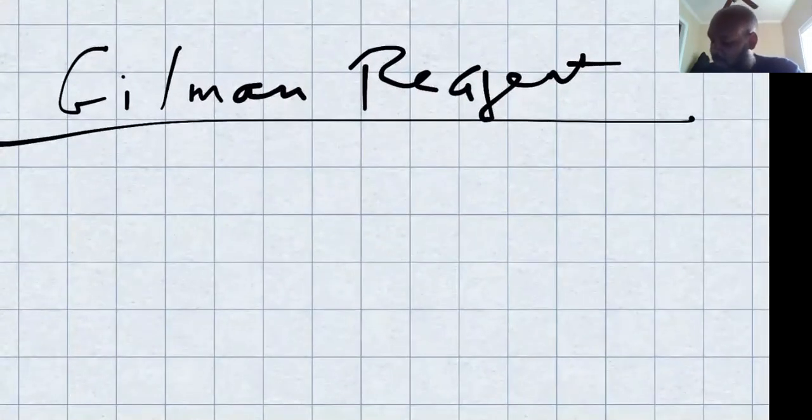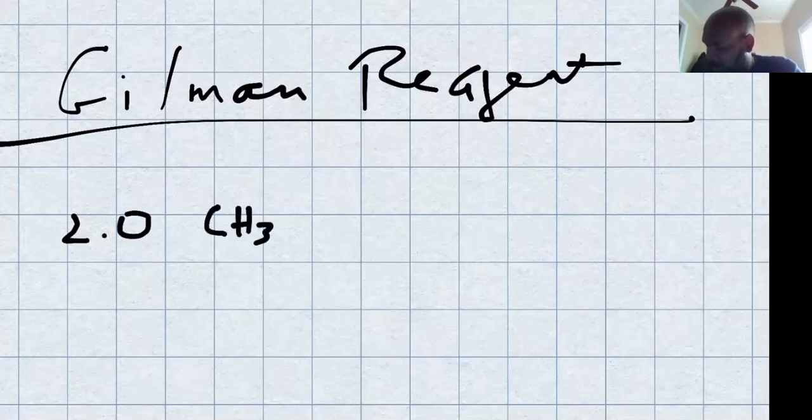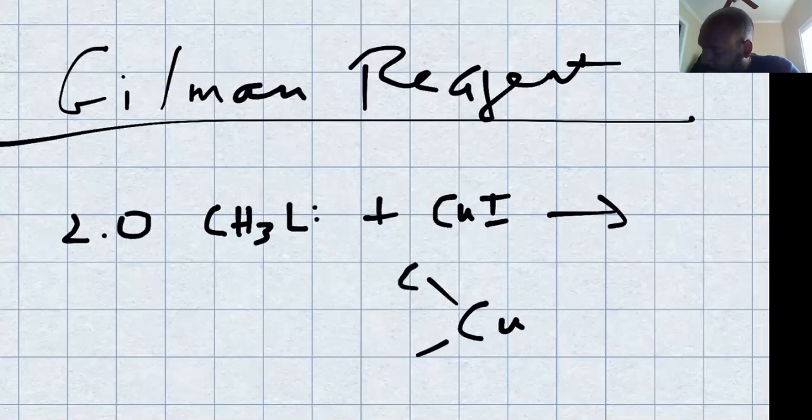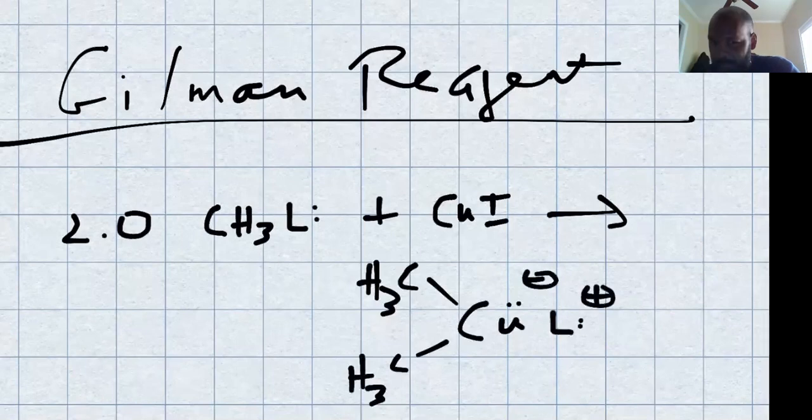The way you make the Gilman reagent, you take two equivalents of an organolithium species, let's say CH3Li, methyl lithium. You react that with copper iodide, and what you get is this copper species where both methyl groups are attached to copper. Again, copper is negative, and lithium here is positive.